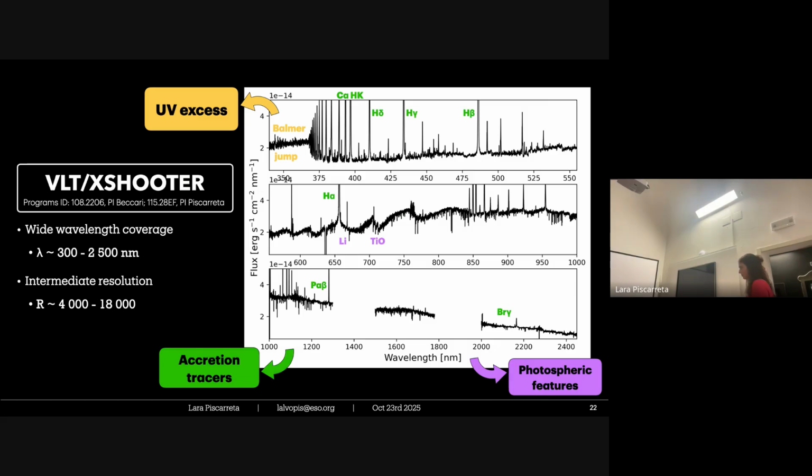Not that I know of. What we consider is just magnetospheric accretion, where we have the accretion flows, we get this emission, and we constrain the accretion properties from this excess emission. But it's a good thing to look at.